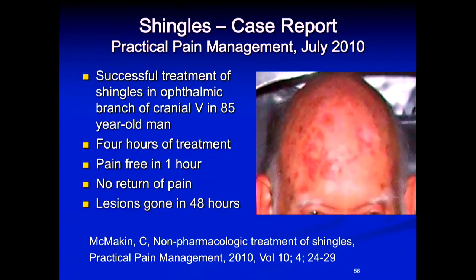It turns into post-herpetic neuralgia something above 90% of the time, and he will not get better. He was pain-free in 30 minutes, roughly. I treated him for 4 hours, had no return of pain, and the lesions started drying up the next day, and they were completely gone in 2 to 3 days. This is typical of shingles.